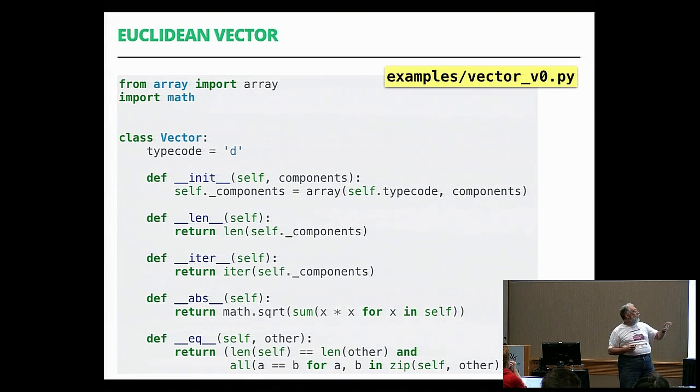Imagine instead of coding this like this, I could have done self._components equals components. This would actually work for most of the examples that I have in the tests, but it's a bad idea. Who knows why? Yes, exactly.